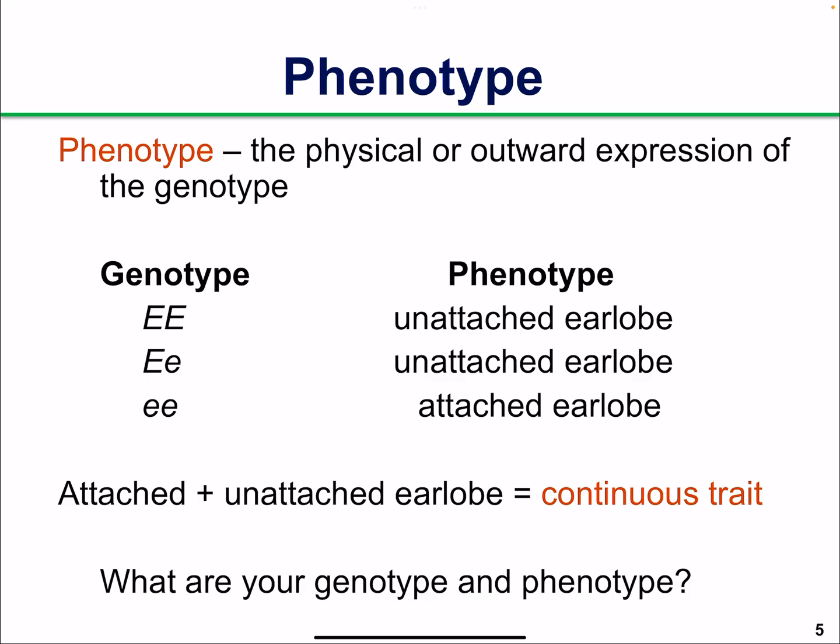What we can observe, right? That would be the phenotype. So the phenotype is the physical or outward expression of the genotype. In other words, behind a phenotype, you have a genotype. Let me repeat that. Behind a phenotype, you have a genotype.